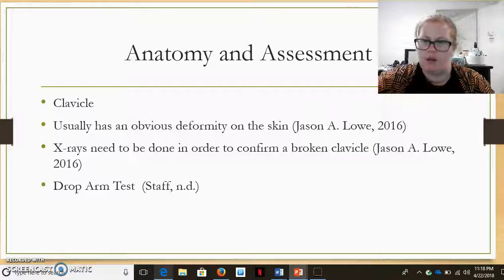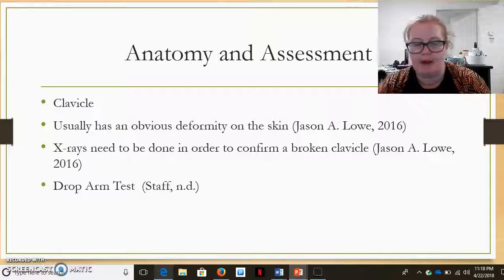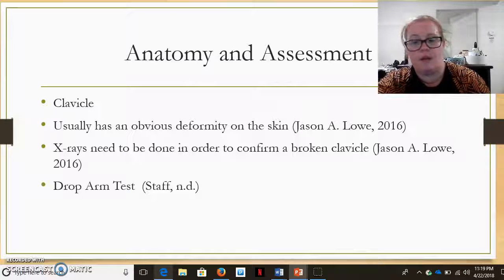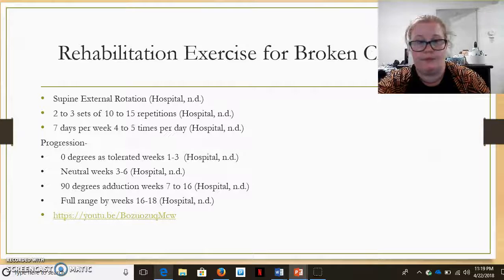So if they can't control it coming back down and it just drops, and pain on returning the arm back to the side indicate supraspinatus muscle injury, which could be a way to check for clavicle injuries. But the easiest way is to look at the deformity on the skin, and you have to have an x-ray in order to make sure that it is a broken clavicle.